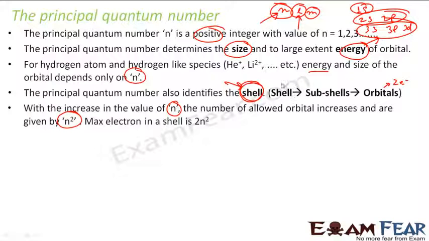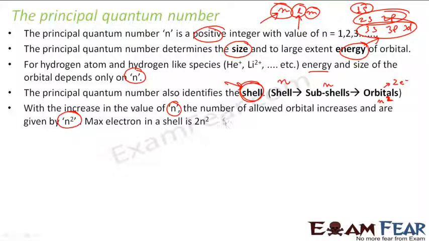For a shell n, there are n subshells, n square orbitals, and 2n square electrons.